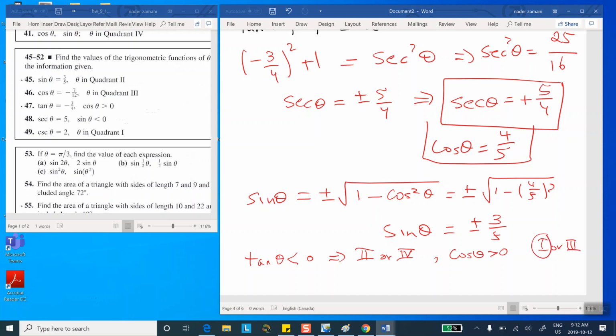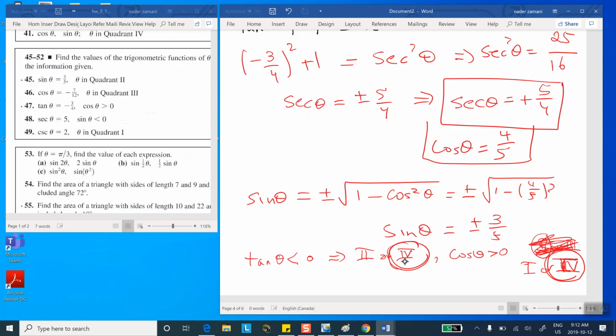So the common thing is... cosine positive, 1 or 2. That's what I meant. That's not correct. Cosine theta positive means you're either in 1 or 4. Yeah, 1 or 4. So the common is right here. See, tangent negative, you're either in 2 or 4.